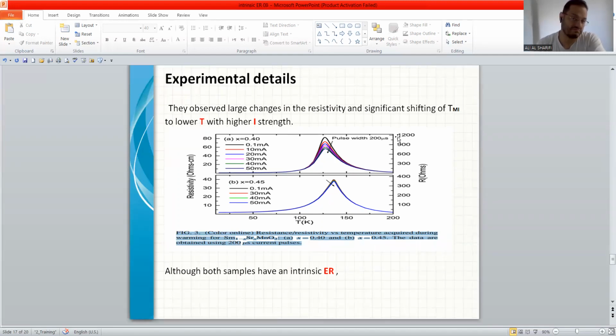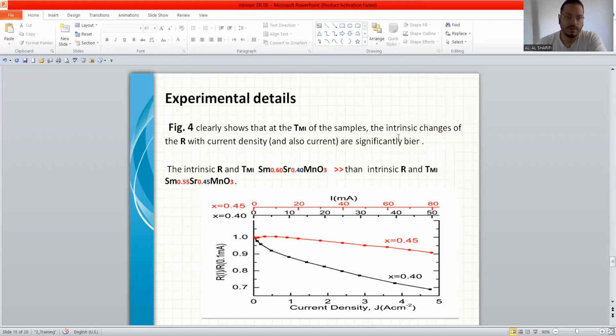different amounts of current. Here, the last image will explain to us the relation between the current density on the x-axis and the resistance on the y-axis, and explain to us the resistivity behavior for x equal 0.4 and x equal 0.45.